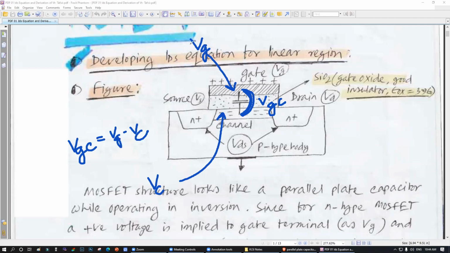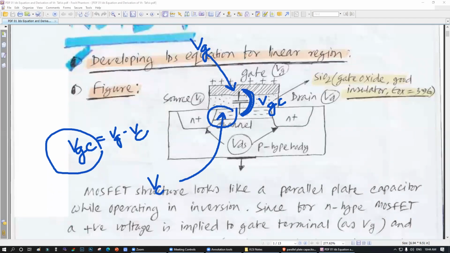But the problem is you cannot measure the voltage of the channel because you cannot go inside. Can you go inside a MOSFET? No, sir. That's why VGC is not possible to measure. What you can do is assume it. I will explain later how to assume it.